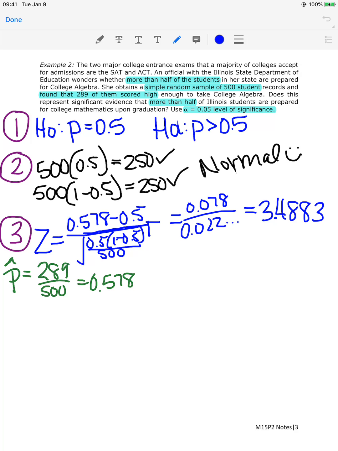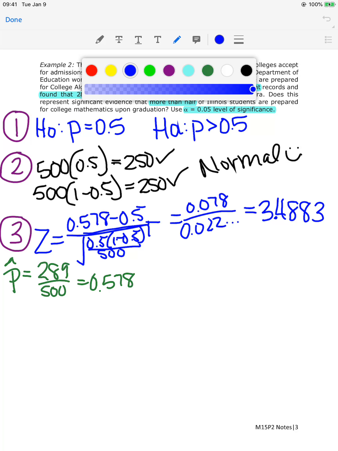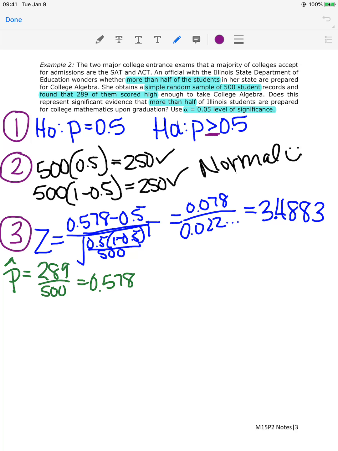All right, now we want to go ahead and calculate the probability of being greater than this value. And it's greater than because the symbol in our alternative is a greater than symbol. So we're going to go ahead and go to our normal CDF.